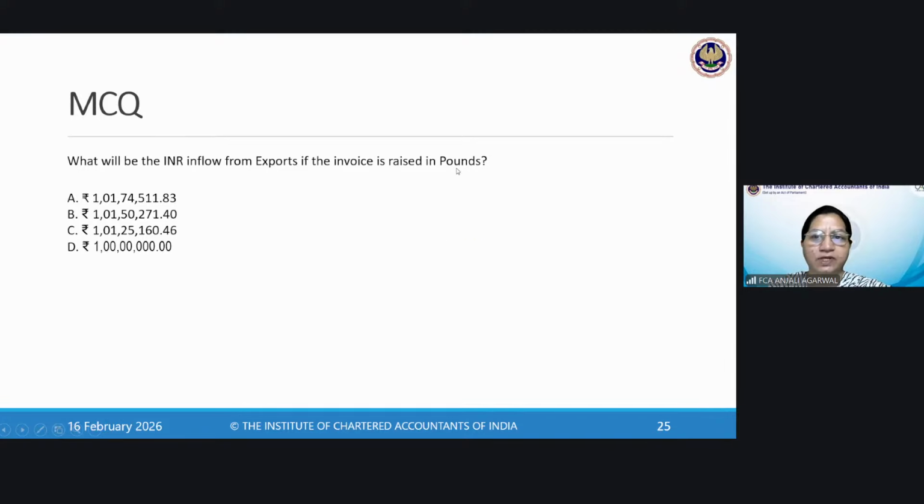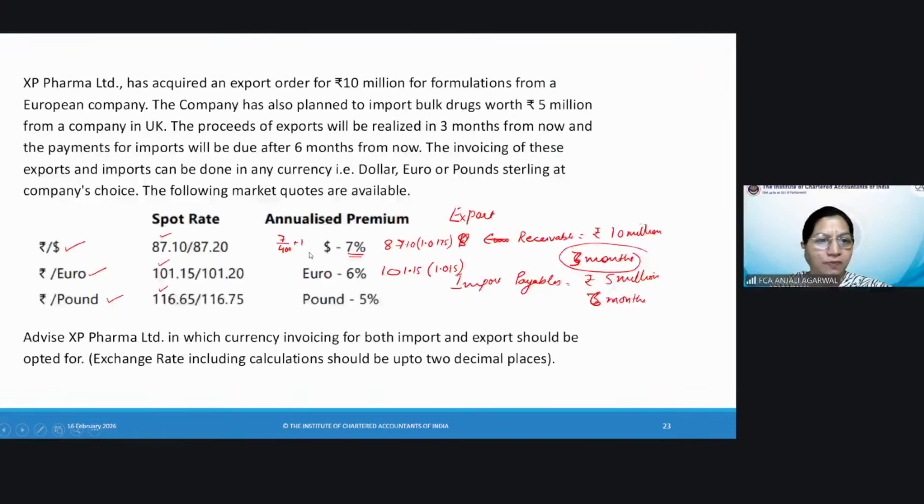Similarly, if you raise it in pounds, you will do the question the same way. And if you raise it in euros, exactly the same fashion, you're going to calculate. So what will be the answers? 10 million divided by 87.10, into 87.10 into 1.0175. 10 million divided by 101.15, and that will be the euro invoice value.